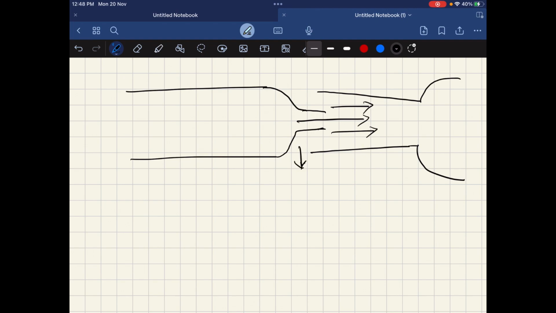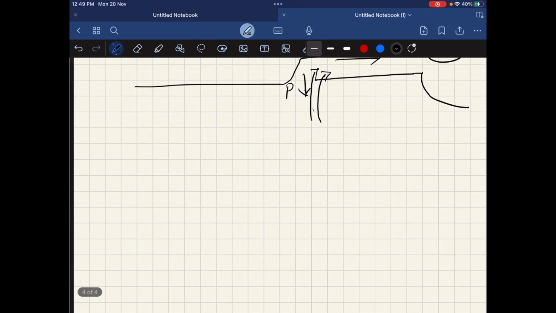As the velocity increases at the tip of the narrower tube, the pressure around the tube decreases, which leads to a kind of suction pressure, and it sucks in air around the tube, leading to an increase in the volume of the gas delivered to the patient, and it delivers at a constant concentration.